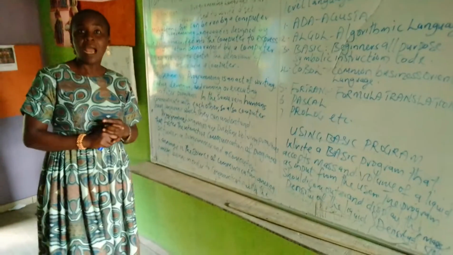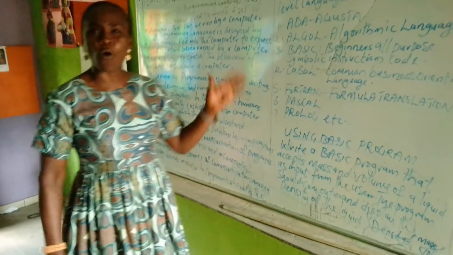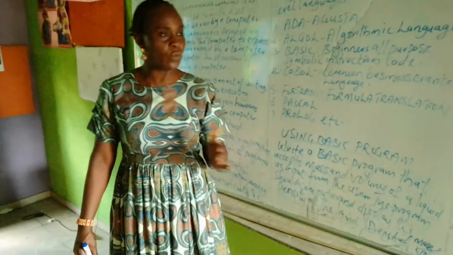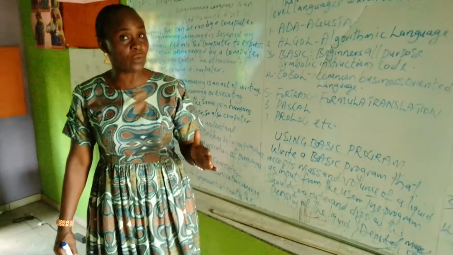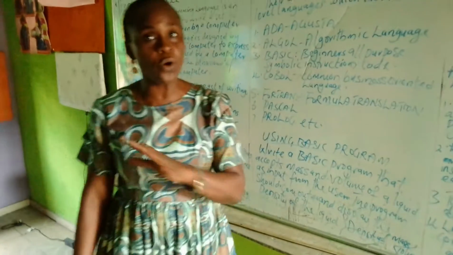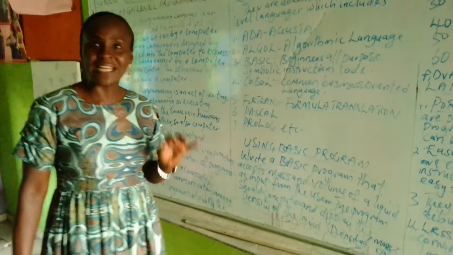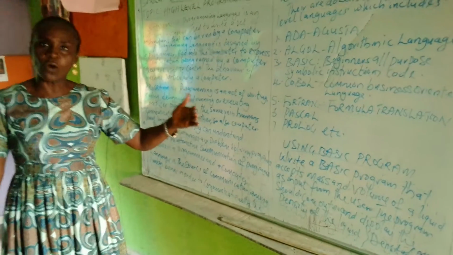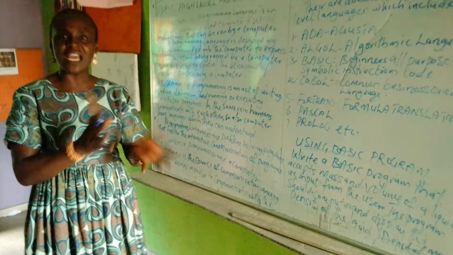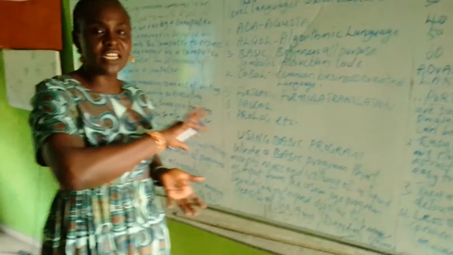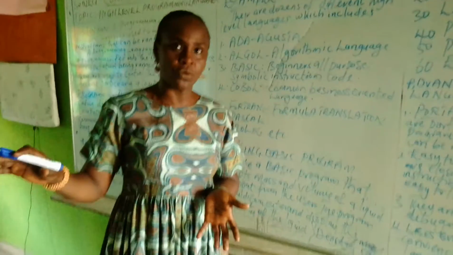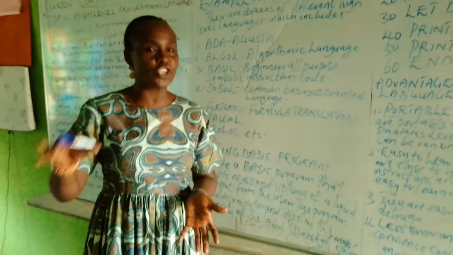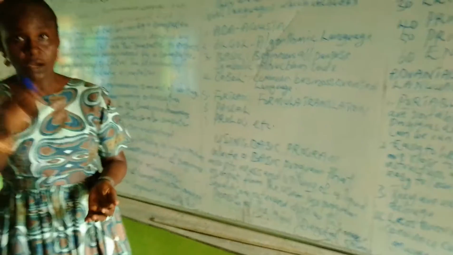The assembler is a program translator that converts low-level language, assembly language, into what? Machine-oriented language. And that is what we mean by the machine code. The source code is the language the user writes, which the translator converts into machine code. And the machine language is called the object code.